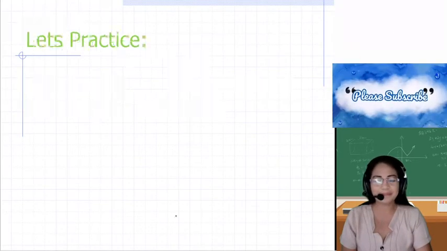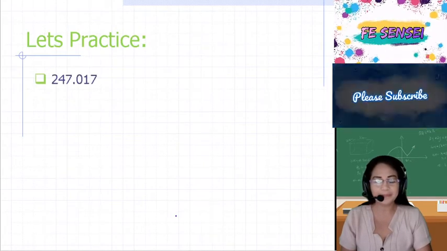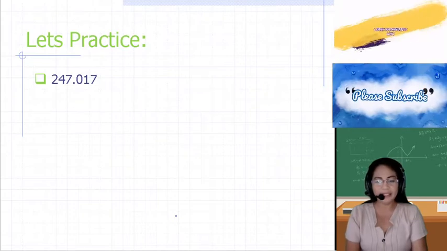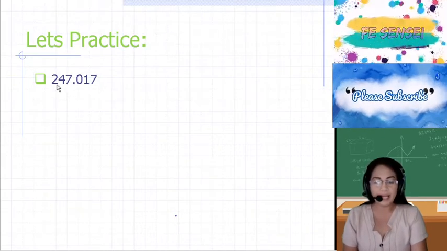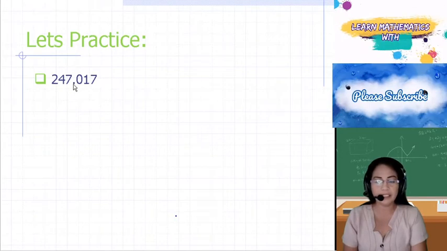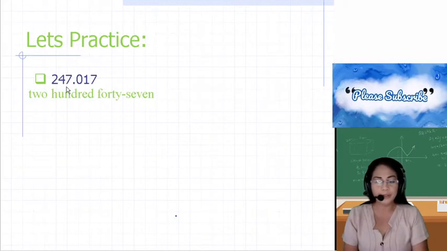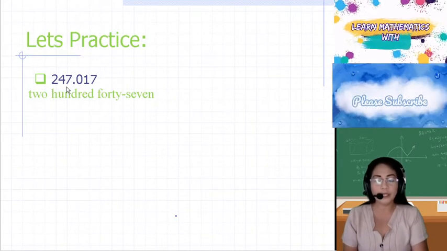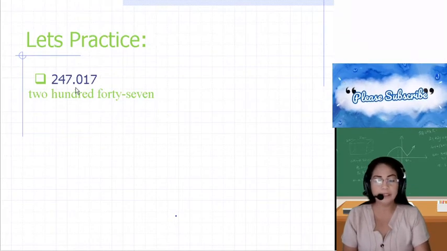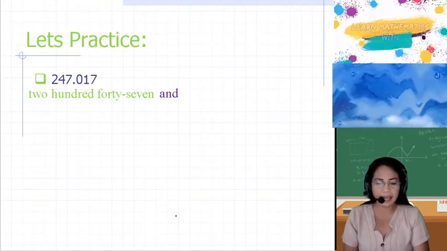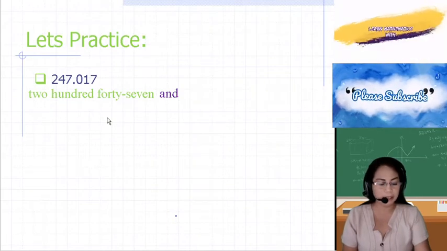Okay. Let's have a practice. How to read and write this number. So again, read or write the number before the decimal point. What number is this? 247. Then the decimal point, and then read the number after the decimal point.